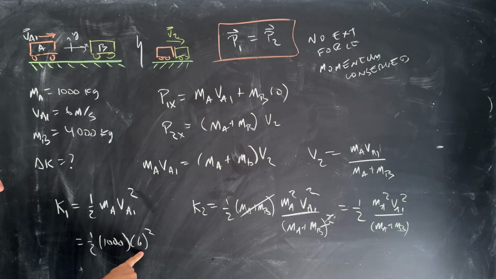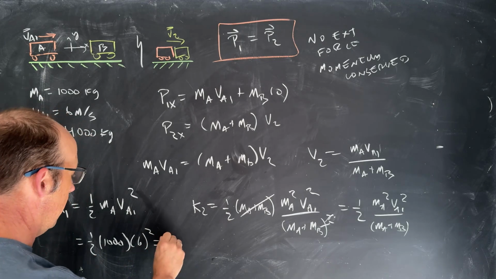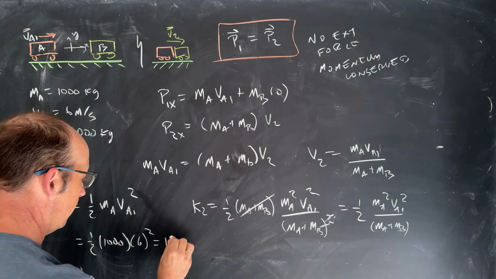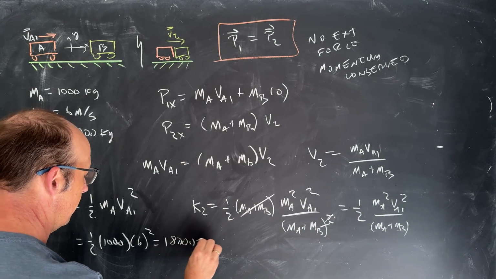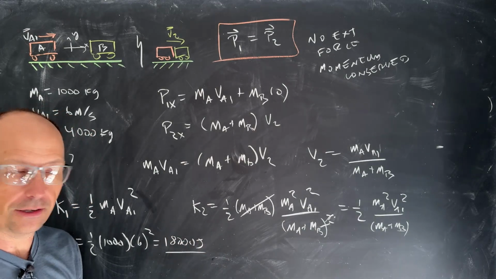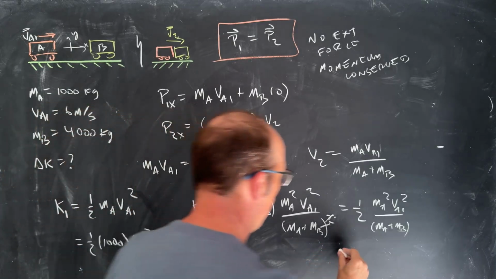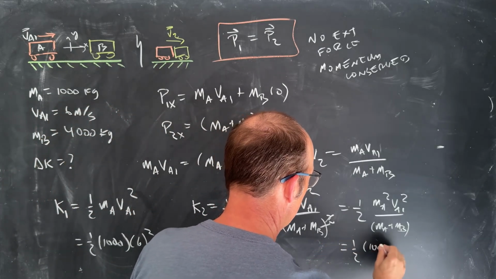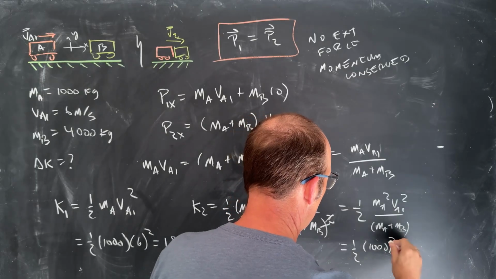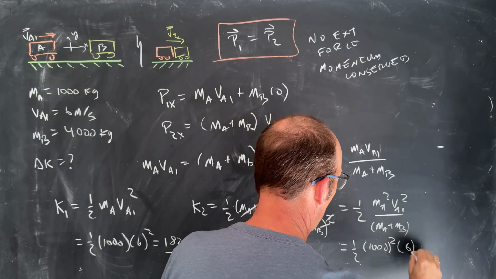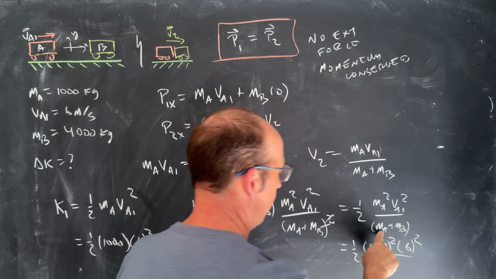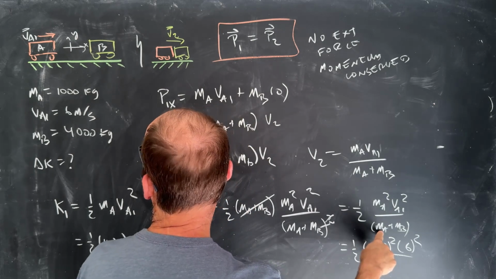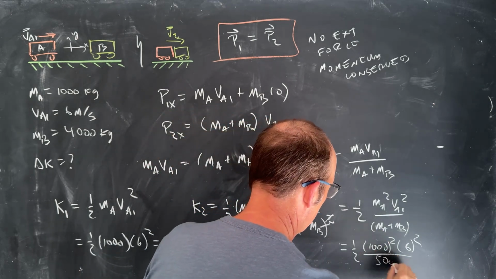Oh, I think I can do that. That's 36, and then I divide by 2, and I get 18, so I get 18,000. See, I didn't even need a calculator. Over here, I have 1/2 times 1,000 squared times 6 squared over 1,000 plus 4,000, so 5,000.